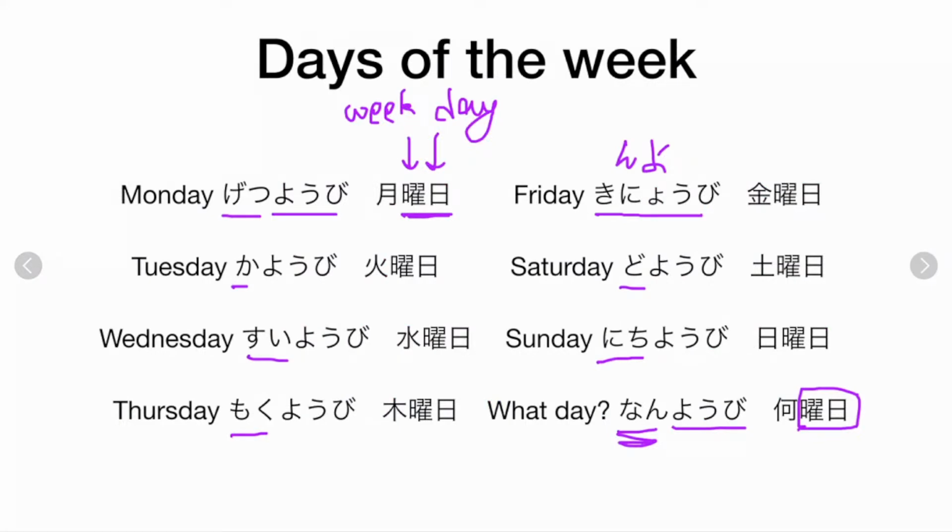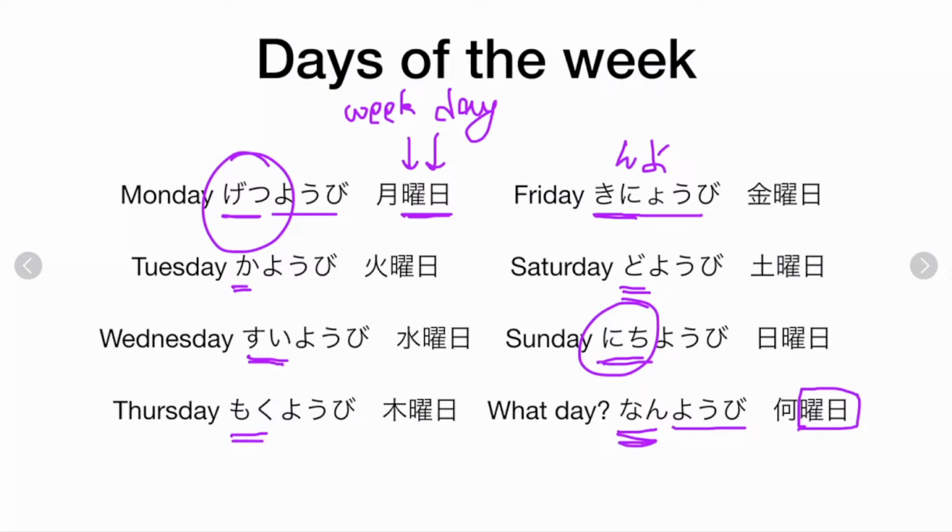In hiragana, Monday, 月曜日, Tuesday, 火曜日, Wednesday, 水曜日, Thursday, 木曜日, Friday, 金曜日, Saturday, 土曜日, and Sunday, 日曜日. So I think you'll find 月曜日 and 日曜日 will probably be easier to remember because they're the same, Monday and Sunday, moon and sun.